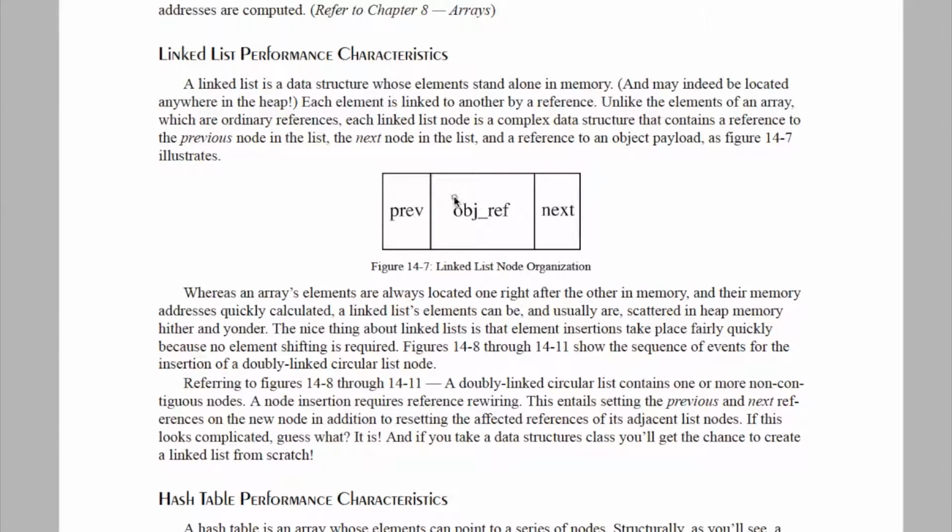This object ref in the center is the way it's pictured. But it would be like a structure. You'd have a pointer to an object called previous, a pointer to an object called next, and then a pointer to an object which would be the payload, which is what I'm calling object reference in this particular example.